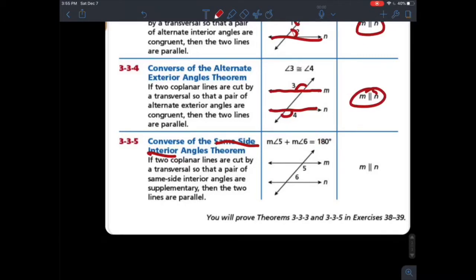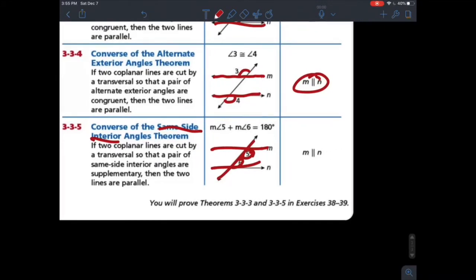So these two angles equal 180. So the transversal makes these two angles right there, and it proves that M and N are parallel to each other using the converse of same side interior angles theorem.